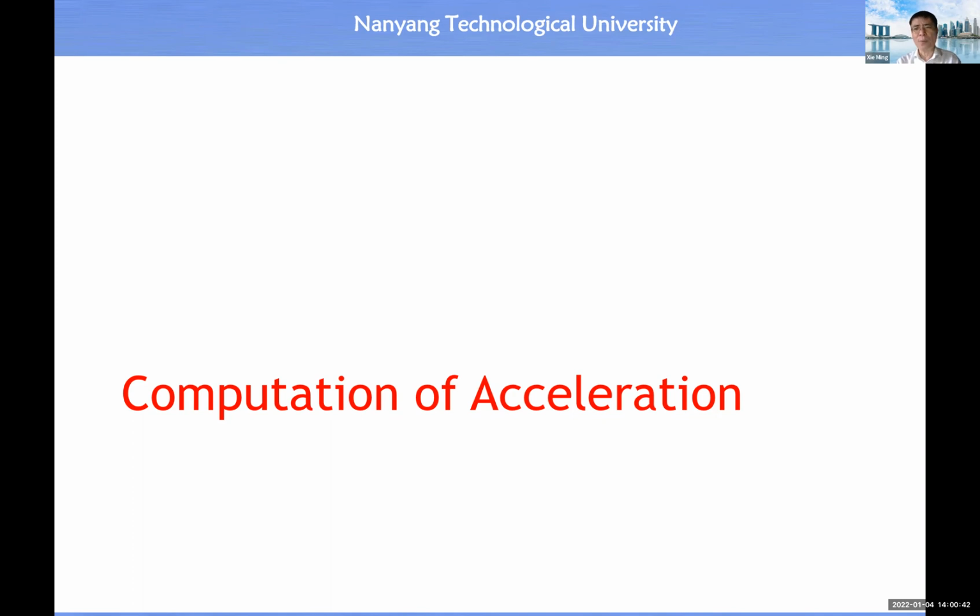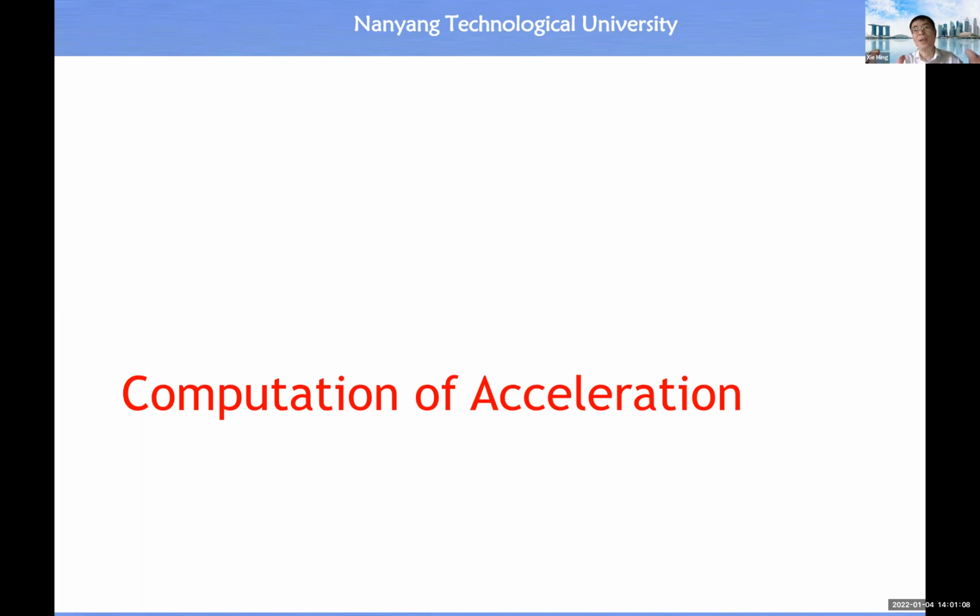So before we move on to study the direct measurement of acceleration, let's look at the way of doing indirect measurement. Indirect measurement means for whatever reason, we know the value of a related physical quantity. Then in this case, we can directly compute acceleration without doing direct measurement.